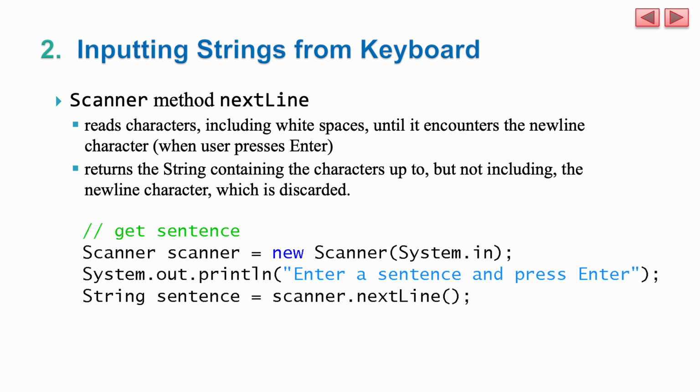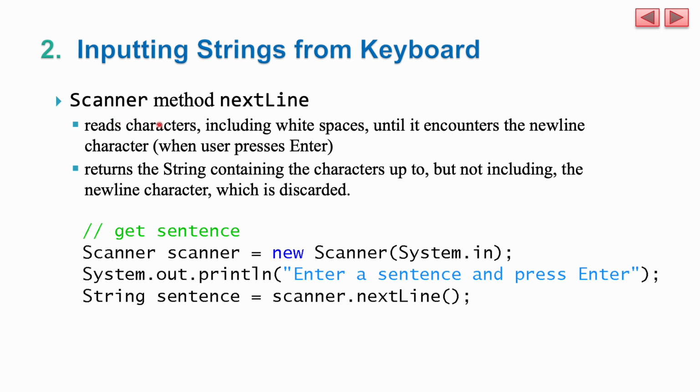Now we move to section 2, where I'll show you how to input strings from the keyboard. To input a line of text, you can use the nextLine method of the Scanner class.